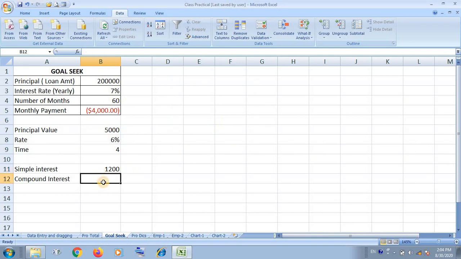In the same way, if I want to calculate the compound interest, then we have to write P into 1 plus R upon 100 power n and whole minus P. Now let's start. This is the principal value, and we have to start the bracket, and 1 plus R is here.